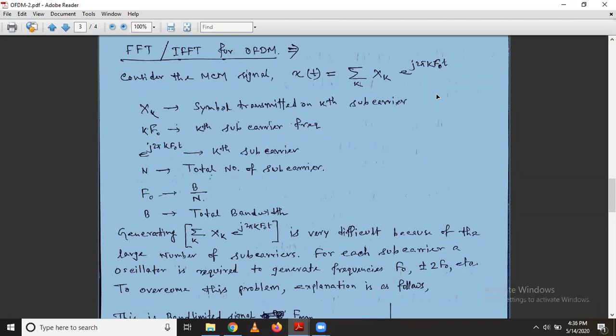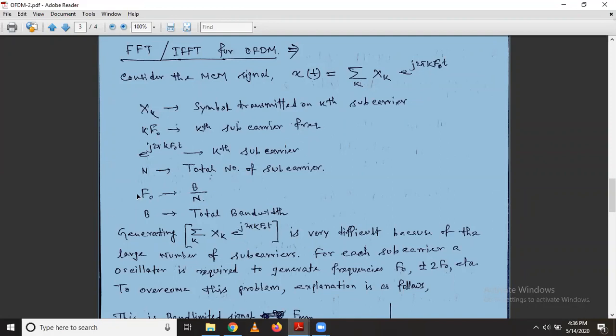Suppose one oscillator gives you f_0 frequency, the next must give you 2 f_0, and from the next one 3 f_0. Like this, some synchronization should also be there among all the oscillators, and you need thousands of oscillators, which is a very difficult process.